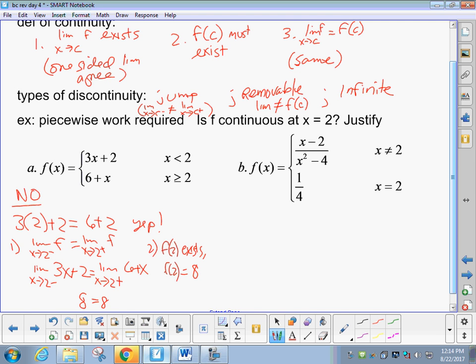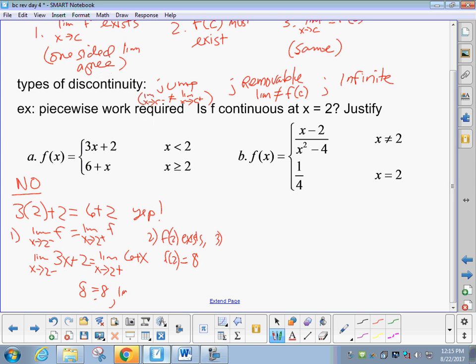All right? And last but not least, we can state our conclusion based on the fact that those are equal. The limit is 8. Oops, I should have said the limit exists. The limit exists. It equals 8. Therefore, the limit exists and equals 8. The point equals 8.